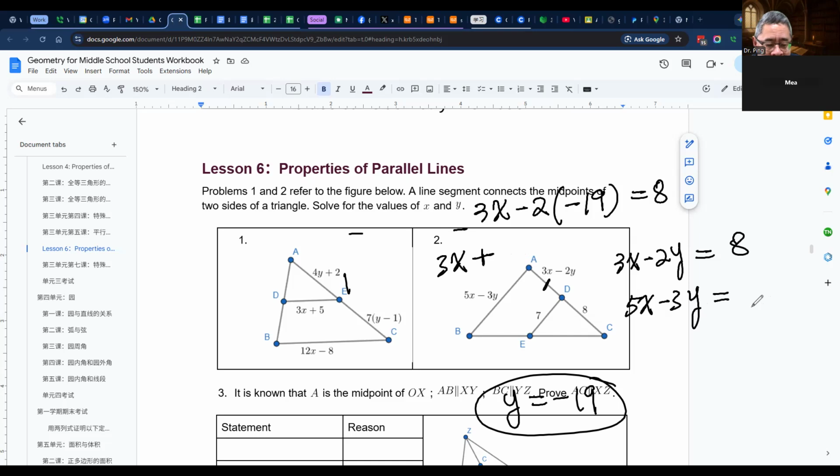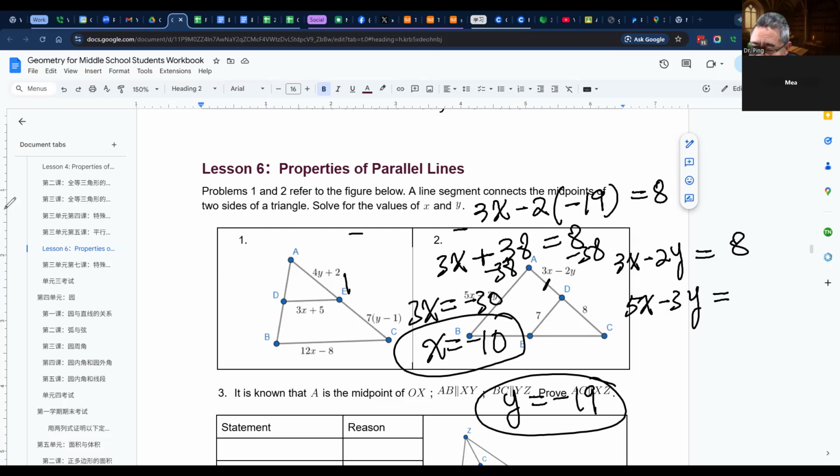Make sure we got that correct. So we got 3x plus 38 equals 8. Then 3x will be 8 minus 38, which gives us negative 30. So x is negative 10.